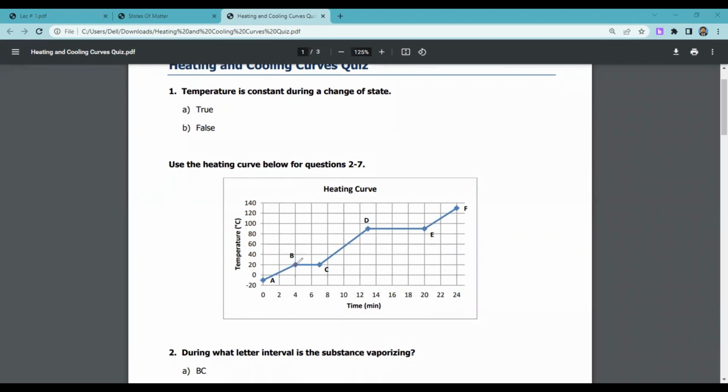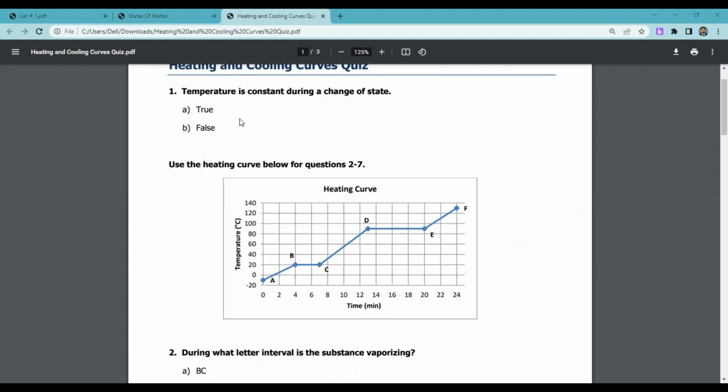The substance starts melting at minute 4 and it has completely melted at 7 minutes. Then what will be the time? 7 minus 4 will be 3. It will take only 3 minutes for the substance to melt.